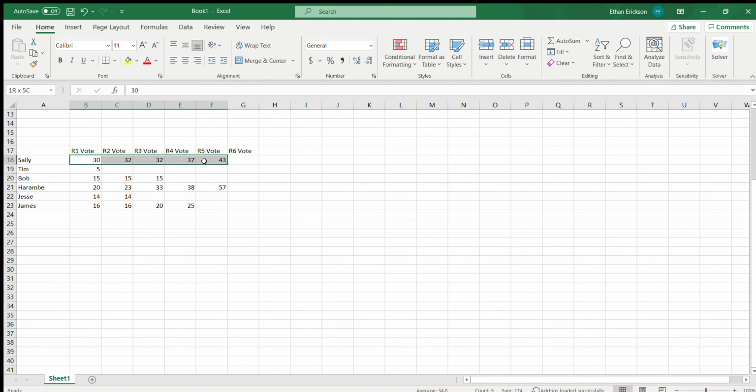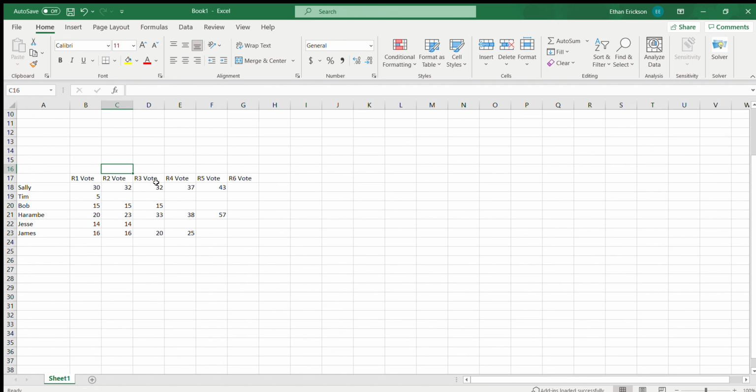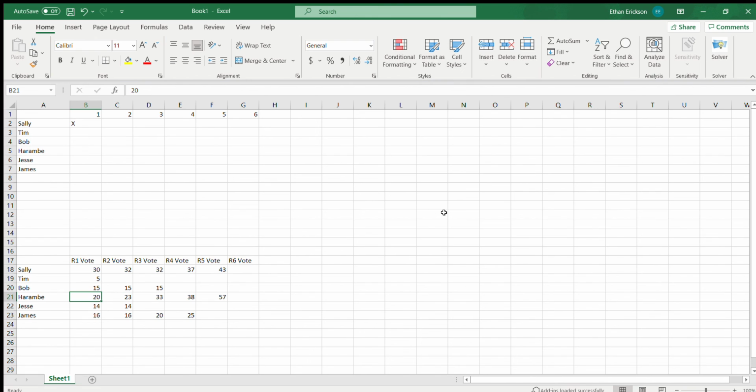But even if they were eliminated, people would see that this person did have quite a bit of support, and all that support given to them doesn't end up hurting the second best option, or the better of two evils, if you will. So that's basically ranked choice voting and why it's pretty good.